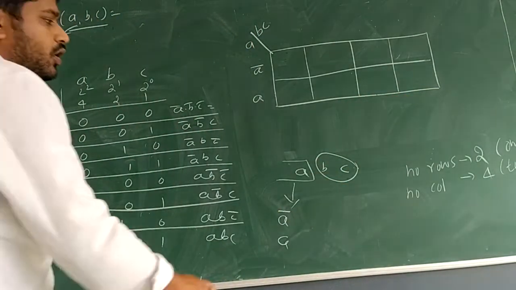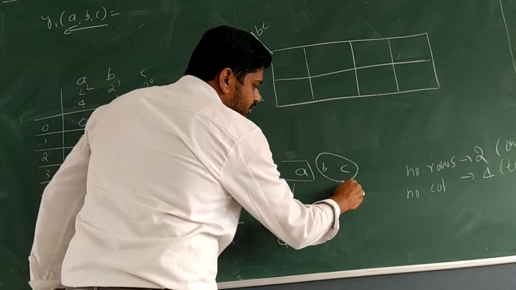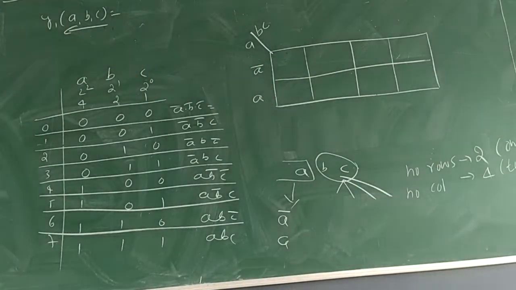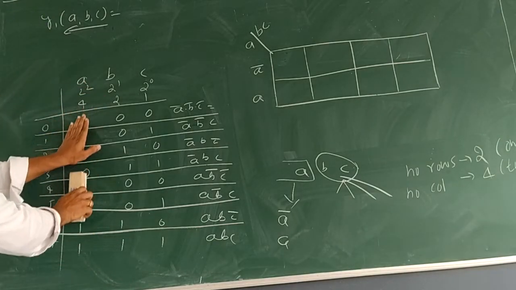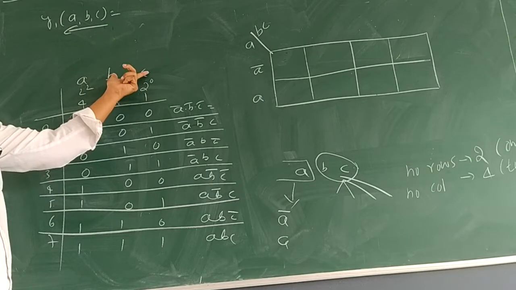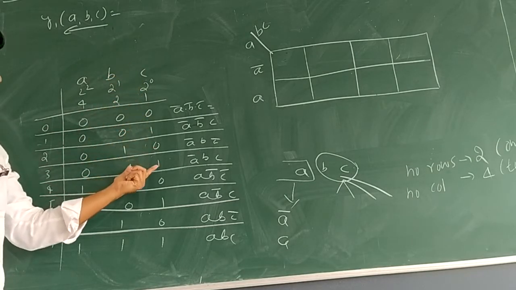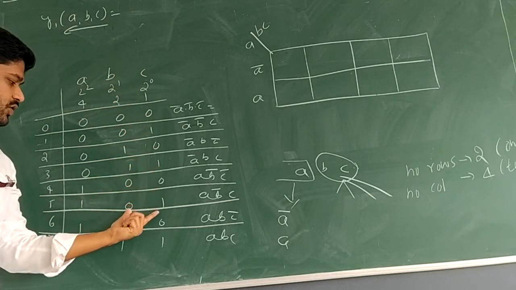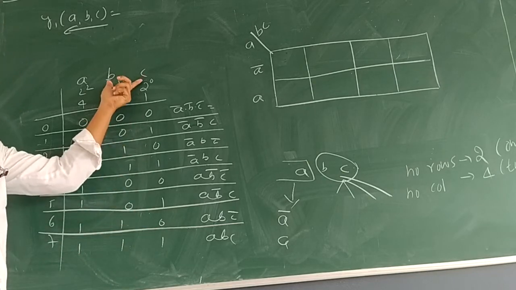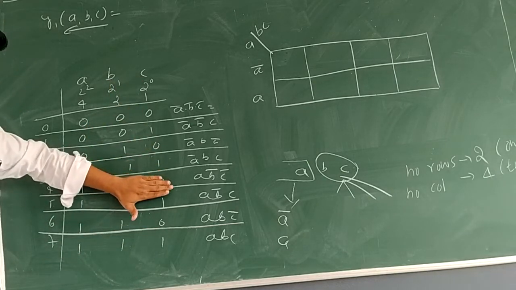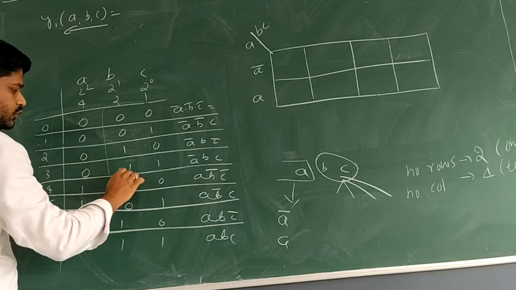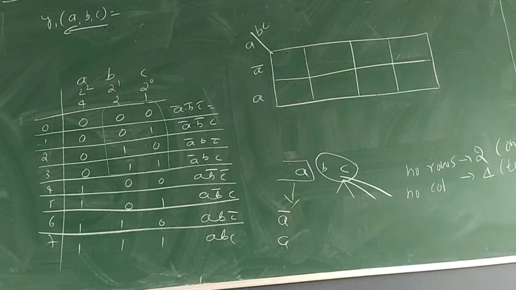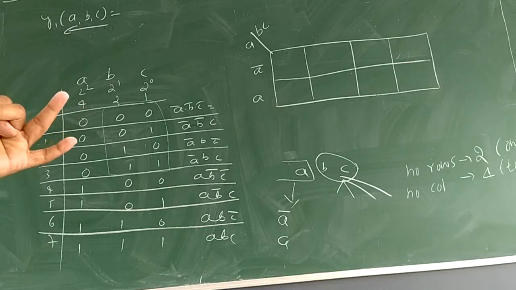Now, how many formats for B with C together? If you forget about the A column, you are left with BC: 0, 0, 0, 1, 1, 0, 1, 1. Again you have the same set for BC. Since the set is repeated, I will skip the second set. Considering this area, what are the different combinations of B with C? 0, 0, 0, 1, 1, 0, 1, 1.